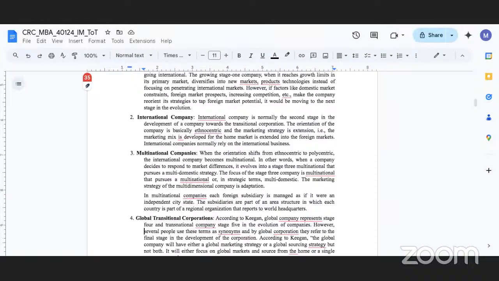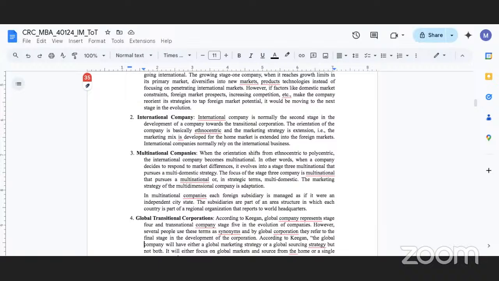Then the third one is the multinational company. So here, from the second stage, we move to the third stage where the orientation shifts from ethnocentric to polycentric. That means the company has become truly multinational.